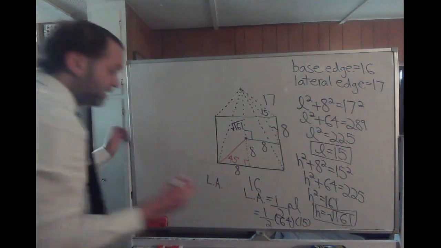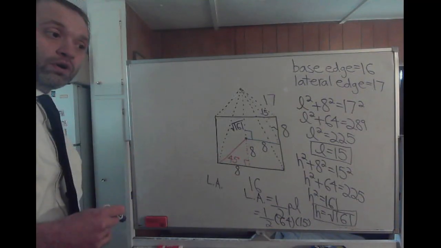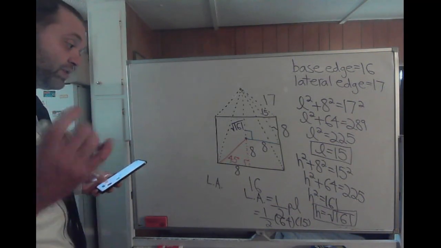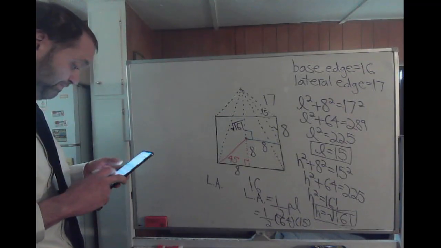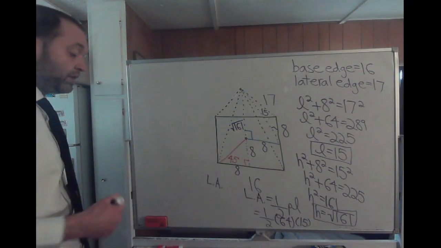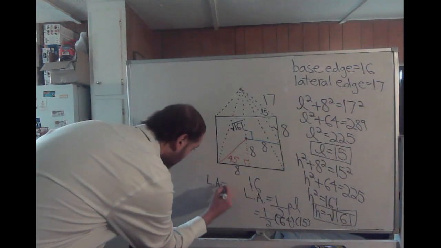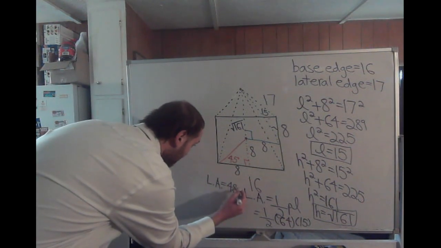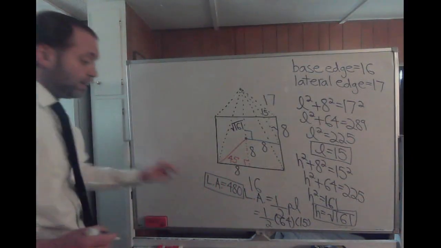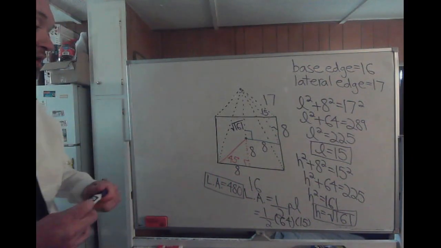The lateral area, so what's half of 64? That's 32. Then we've got to take 32 times 15, which would give you a lateral area of 480 square units. So we found the lateral area to be 480 square units.